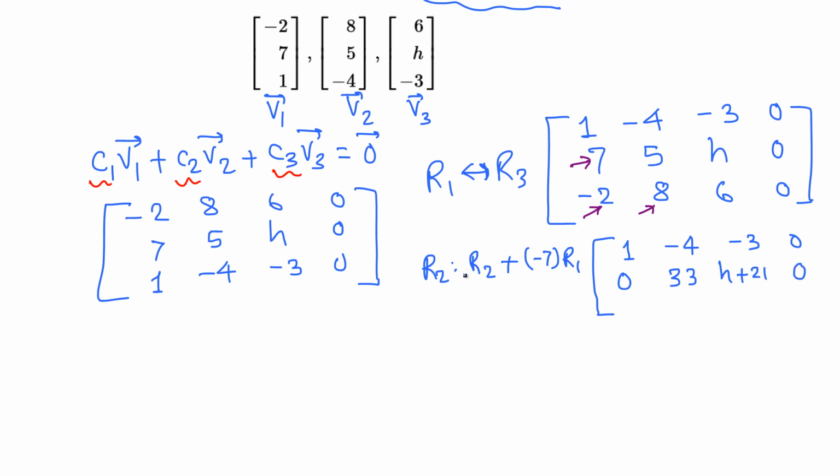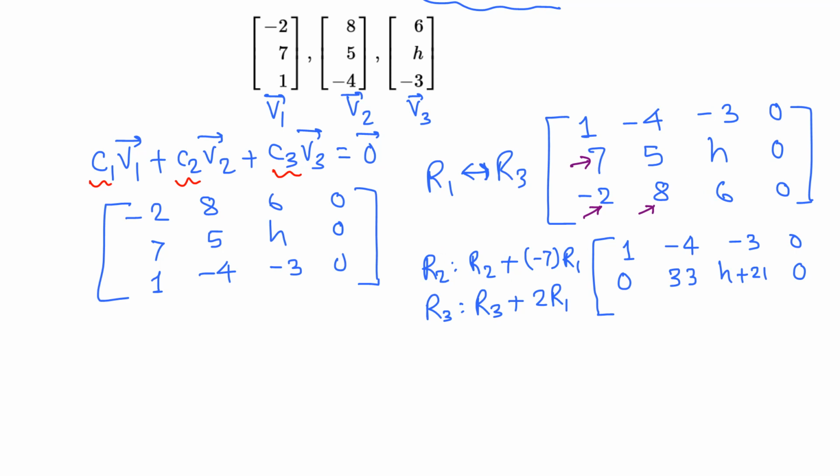This is 0. Now we can make this 0 as well. That means R3 plus 2 times R1. If you look closely at 1 -4 -3 0, the third row is just a constant multiple of the first row, because 1 times -2 is -2, -4 times -2 is 8, -3 times -2 is +6.